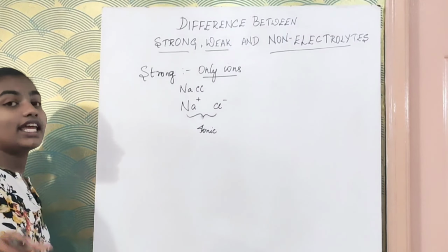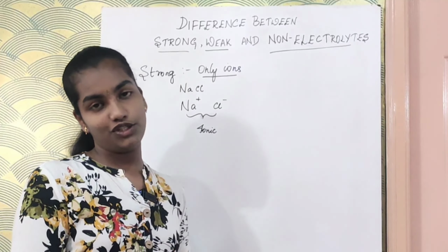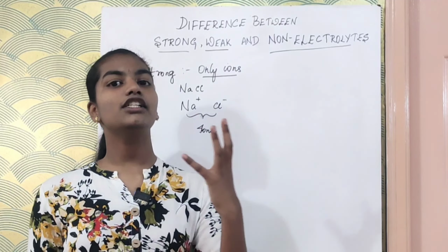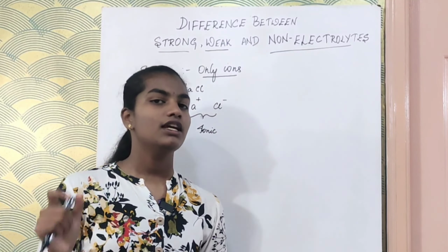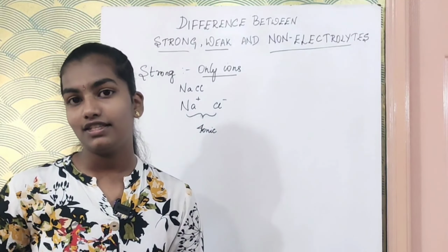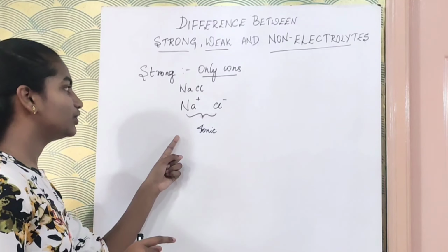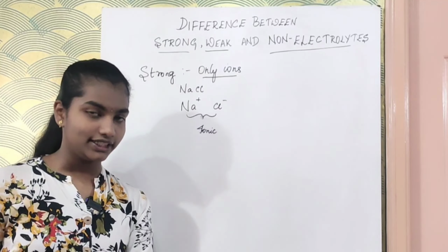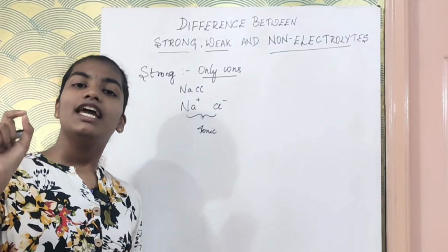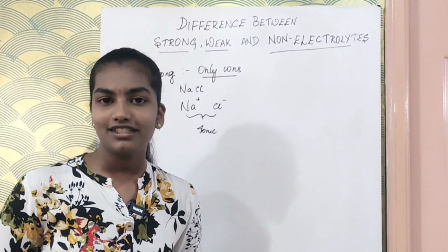Now you might get a question: solid sodium chloride, that is the common salt which we eat, does not pass electricity. Why? We said that sodium chloride passes electricity and it is a strong electrolyte. Then why doesn't solid NaCl pass electricity?